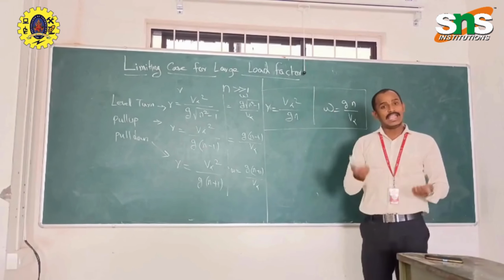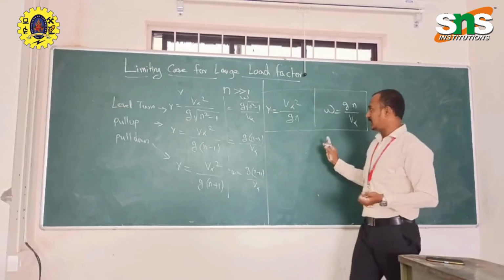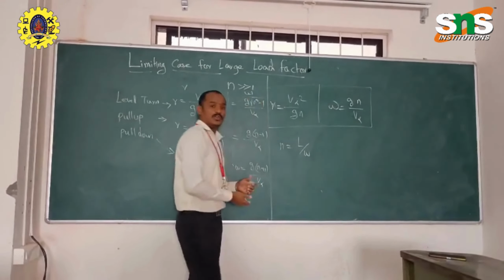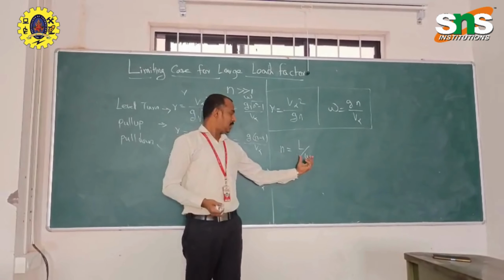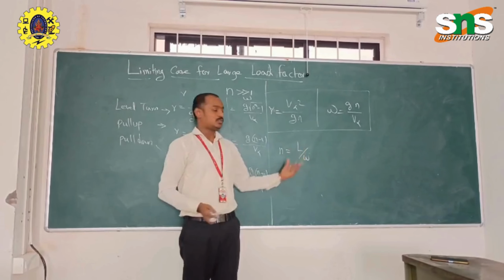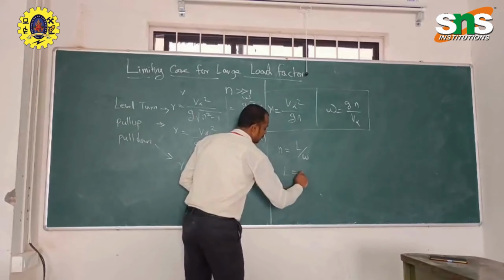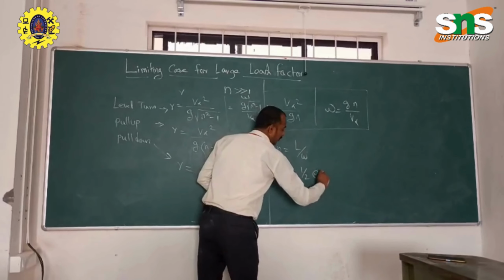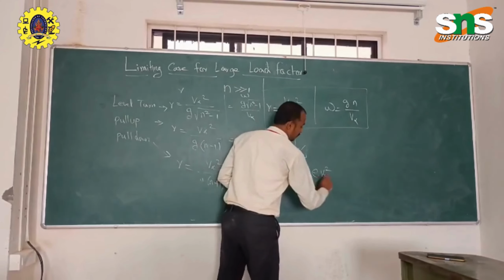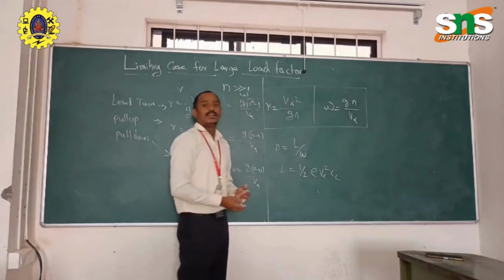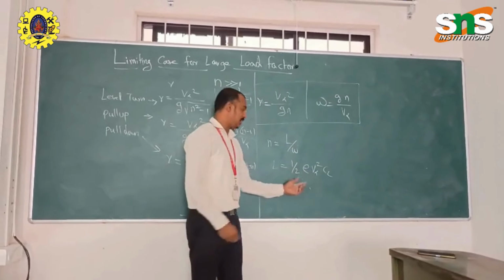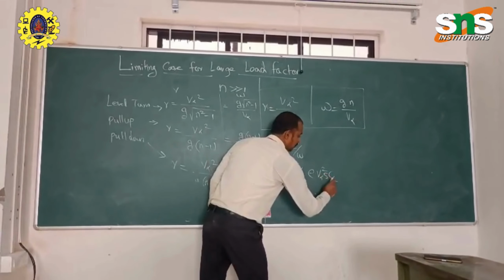Here the n involves L by W. For any aircraft, weight is a constant value, whereas lift is a variable parameter. So let us take the lift equation: L equals half rho infinity V infinity square S CL.